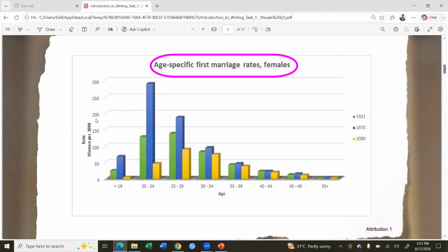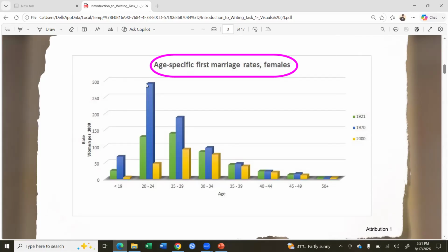For example, let's say in 1970, females aged 20 to 24 married for the first time, 250 women out of 1,000. Are you getting the point? For example, we are just saying it, right? It's about 250, almost 270 or 280. Let's say 280, right?